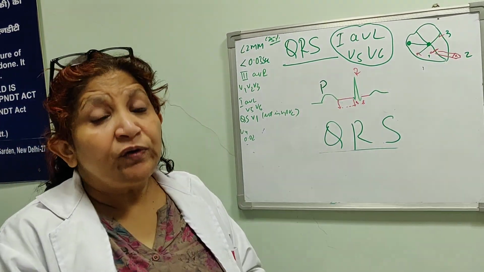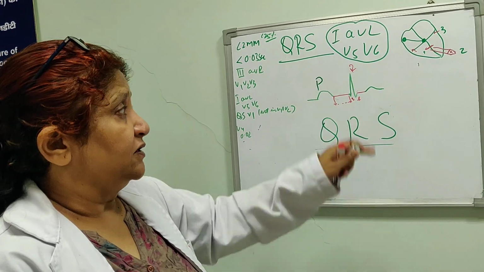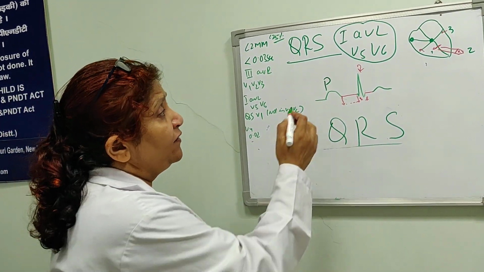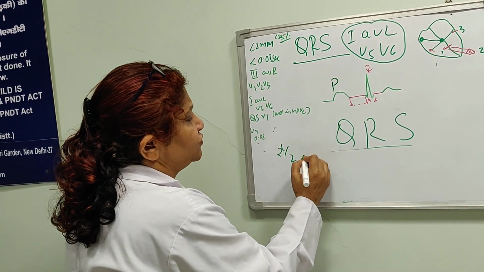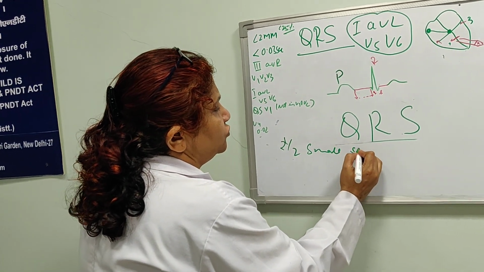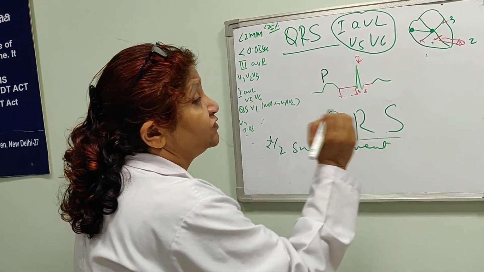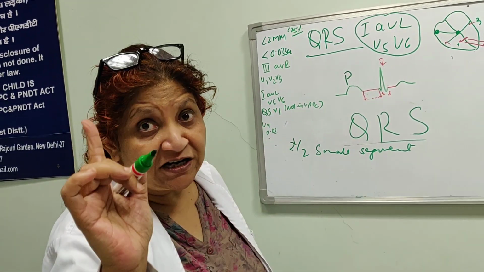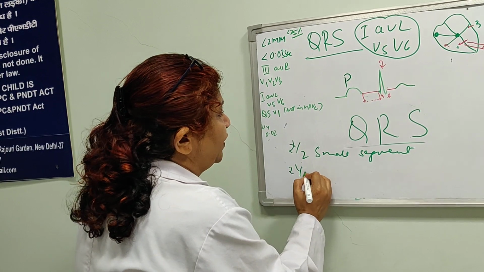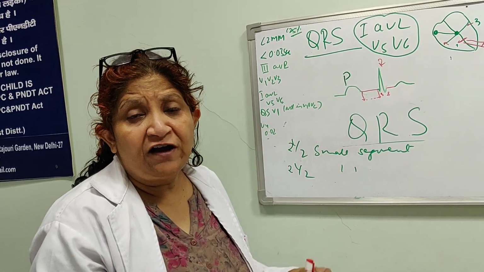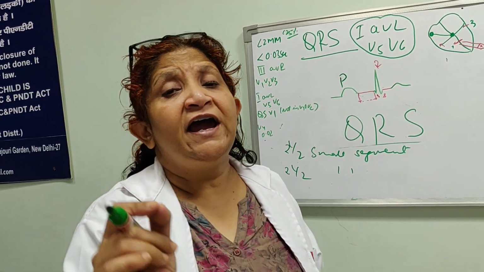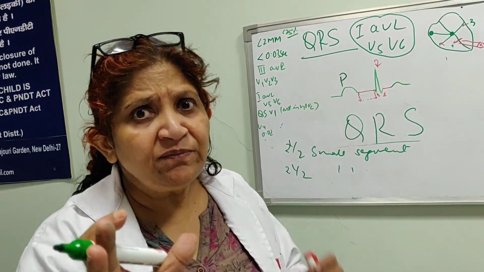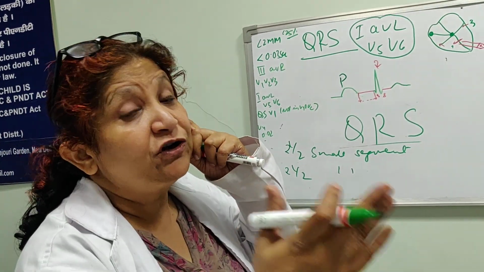So what is the duration of the QRS? How much time does it take for the ventricles to depolarize? So the P wave, I said, is 2.5 small segments. You just remember 2.5 small segments. AV nodal depolarization, that is the PR segment, is also 2.5 small segments. 2.5 means 0.04, 0.04 and 0.02, so that will be around 100 or 110 milliseconds. That is the maximum limit we are talking about.